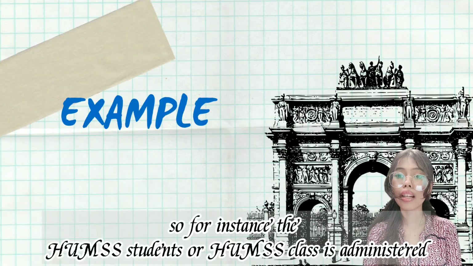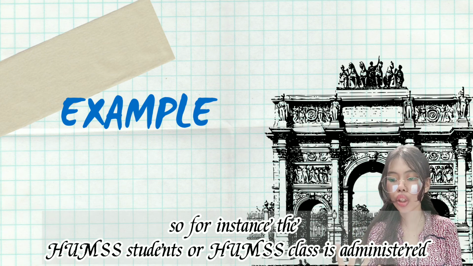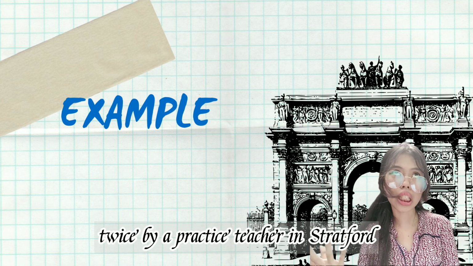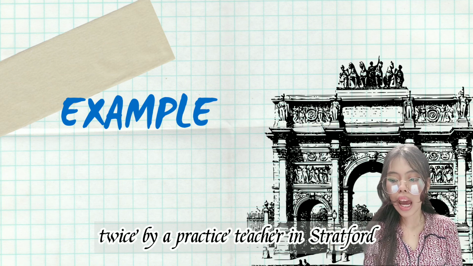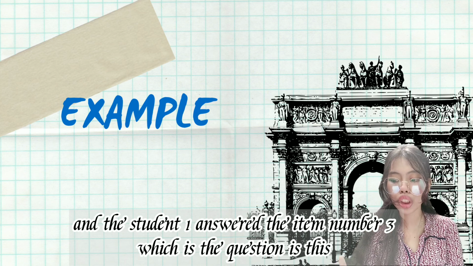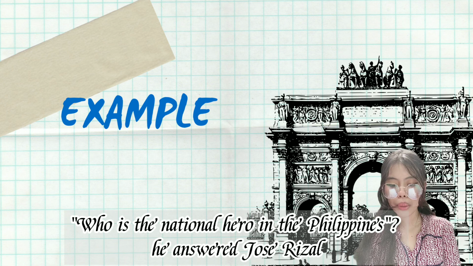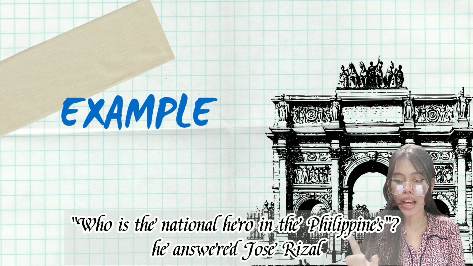For instance, a UM class is administered a test twice by a practice teacher. Student 1 answered item number 3, the question being: who is the national hero in the Philippines? He answered Jose Rizal.